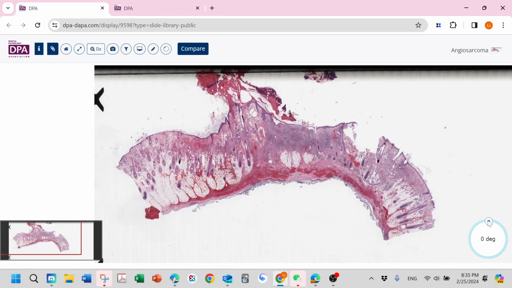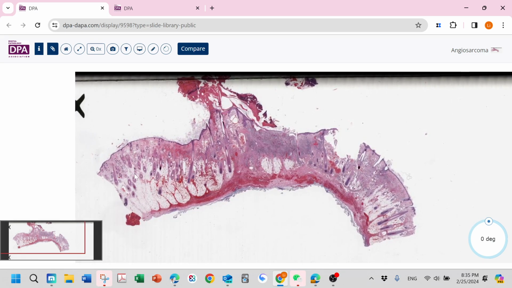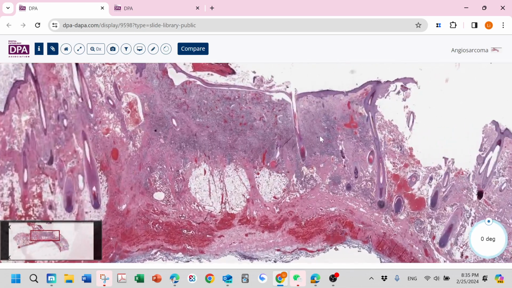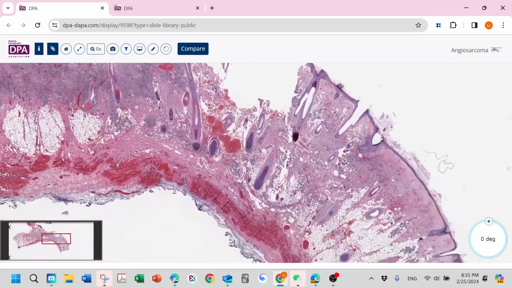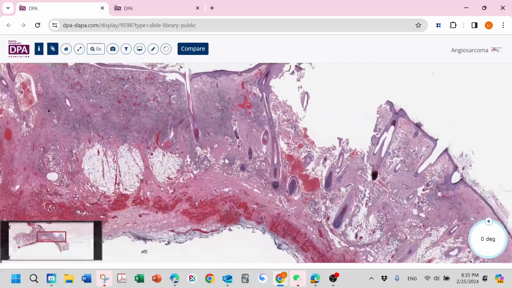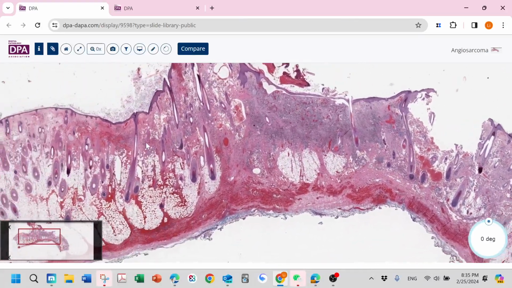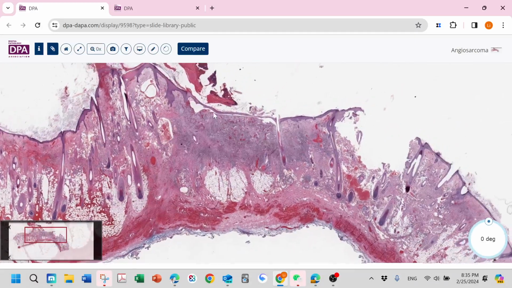Another case for angiosarcoma, also from the scalp, we can see hair follicle go down into the subcutaneous fat. Then we can see infiltrated border, tons of inflammation, reactive inflammation, and bloody.